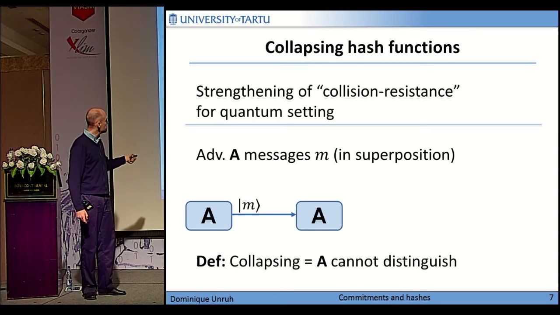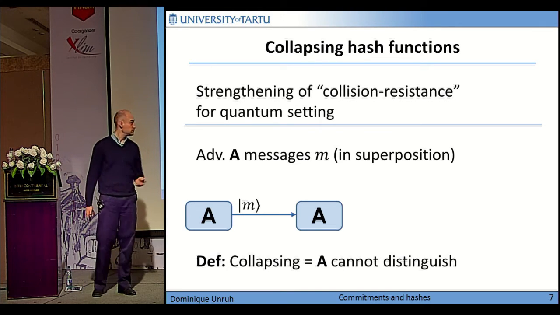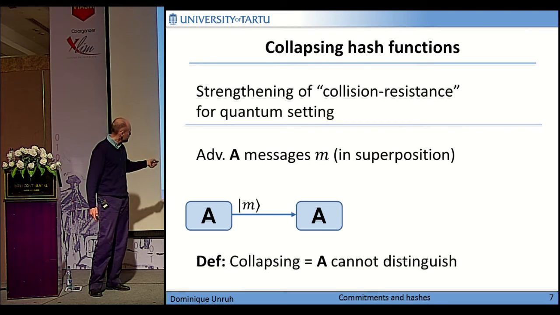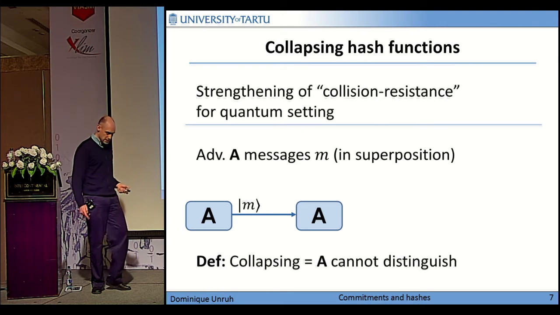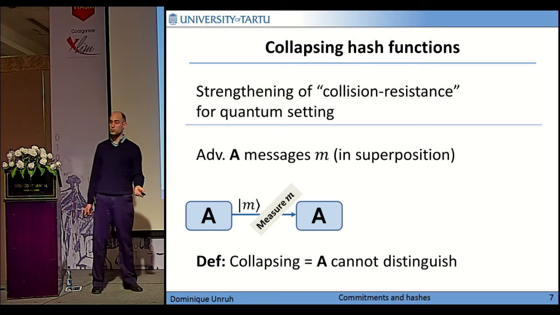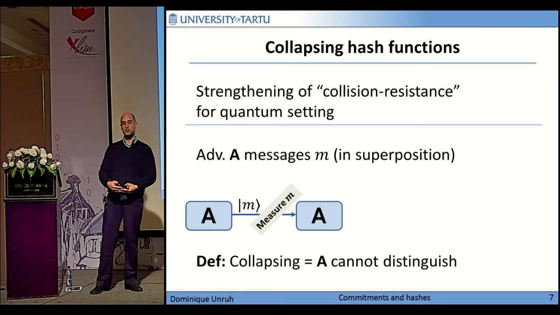So we look at an adversary that outputs a number of messages M in superposition. Here we have an adversary, he outputs a bunch of messages M. And then we take this superposition of messages and measure which one it is, and we give the state after the measurement back to the adversary.